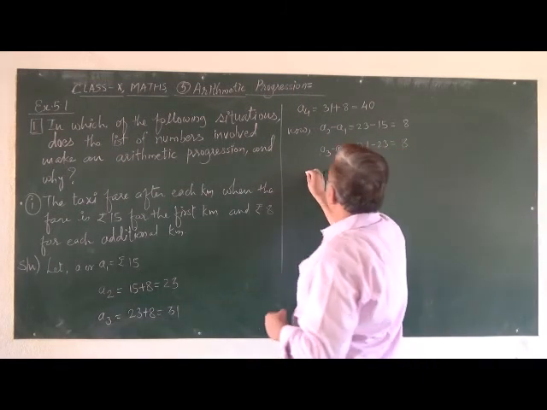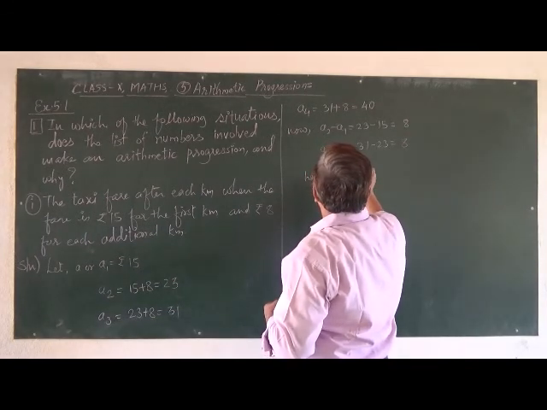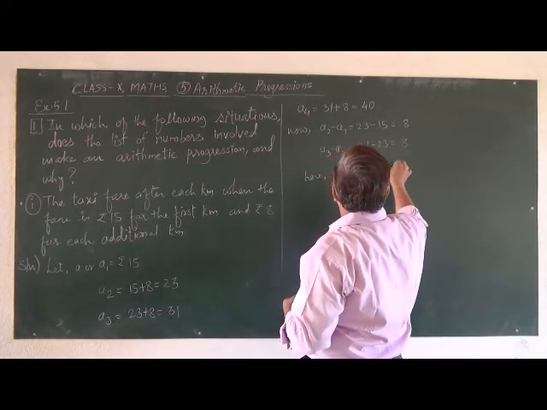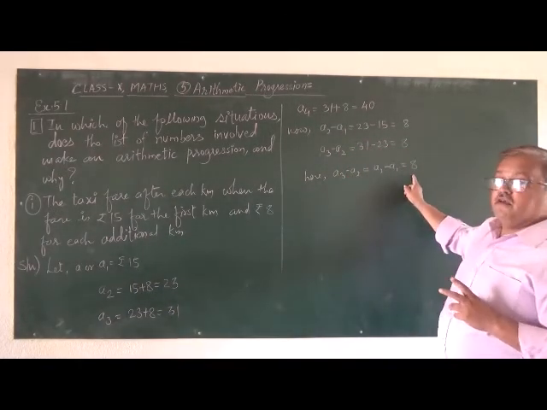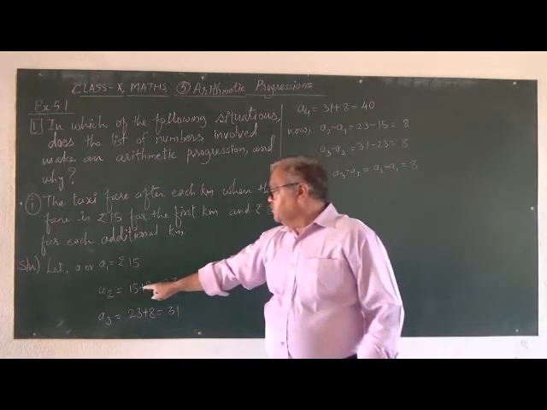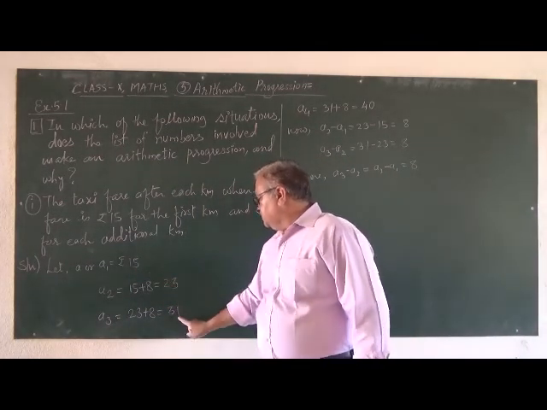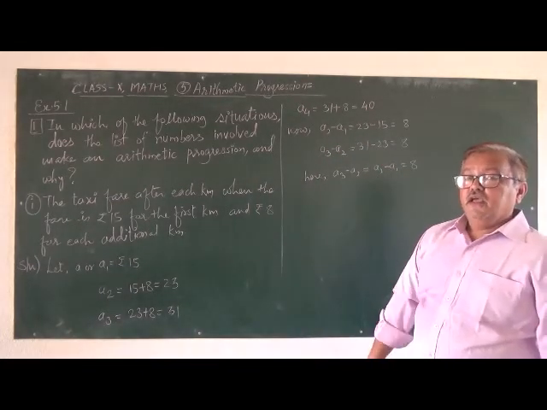So here A3 minus A2 is equal to A2 minus A1. So the common difference is 8 here. That's why the list of numbers, 15, 23, 31, 40 and so on, forms an AP.